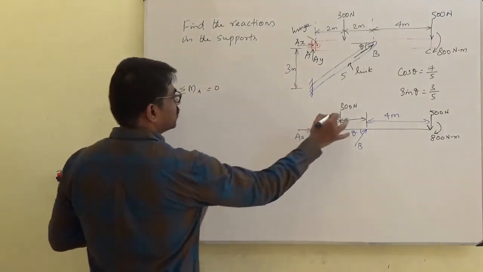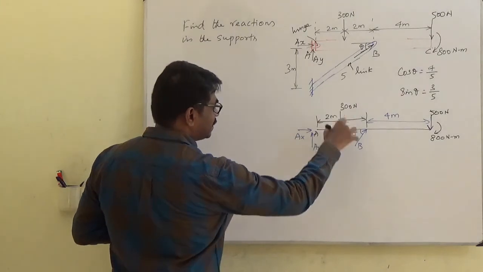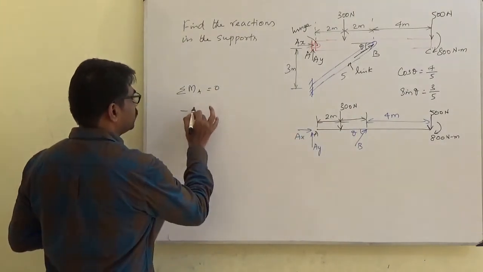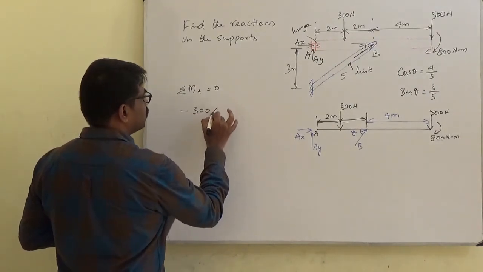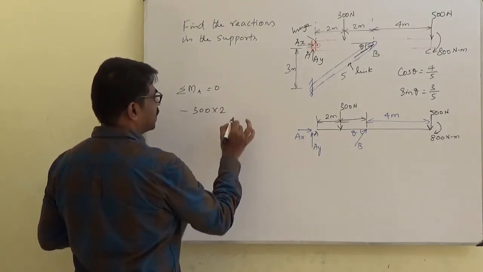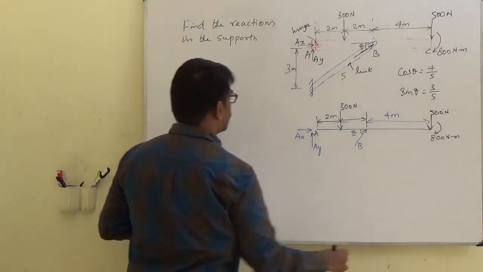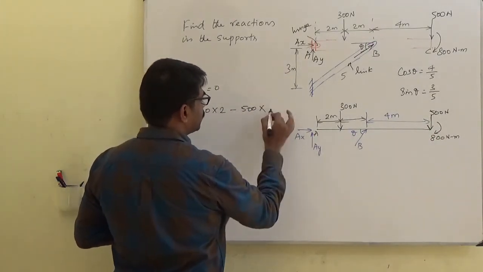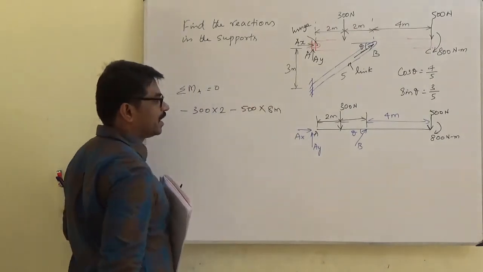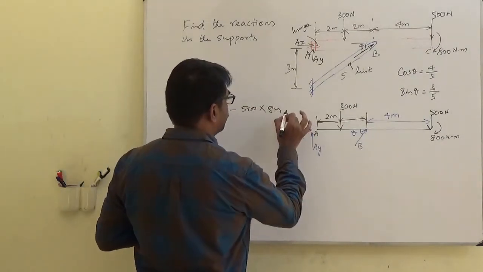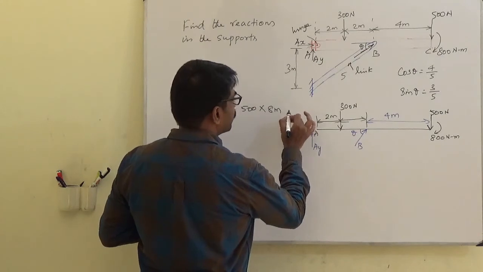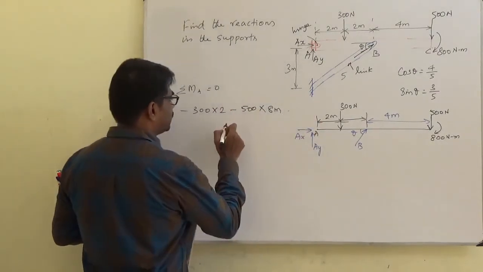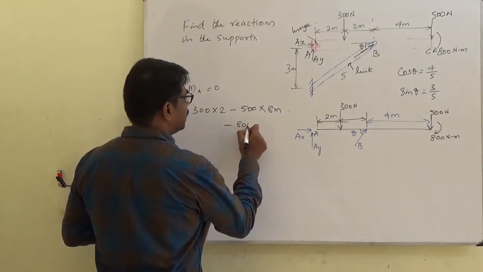So this 300 downward, it will produce a clockwise moment about this point. So negative 300 into perpendicular distance 2 meter. This will also produce a clockwise moment. So negative 500 into 8 meter is the perpendicular distance, and I have a clockwise couple, minus 800.